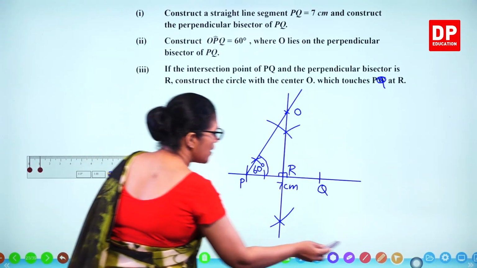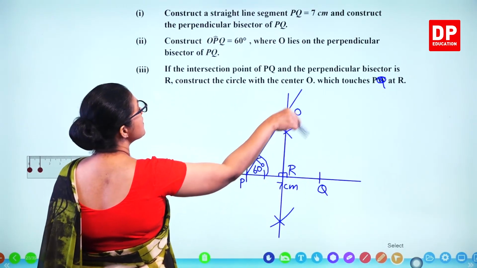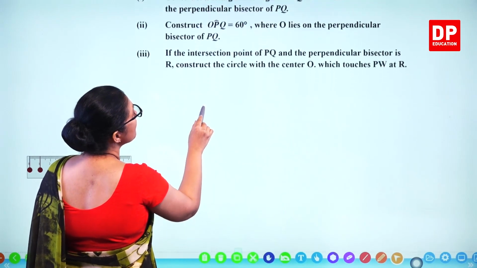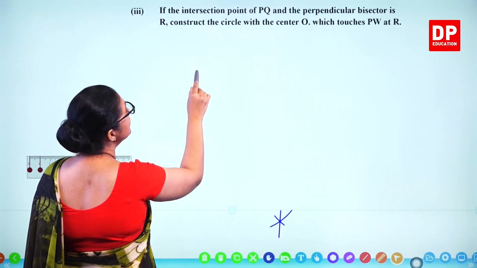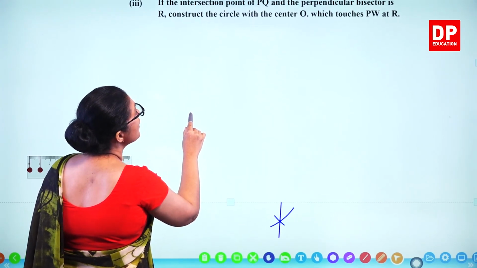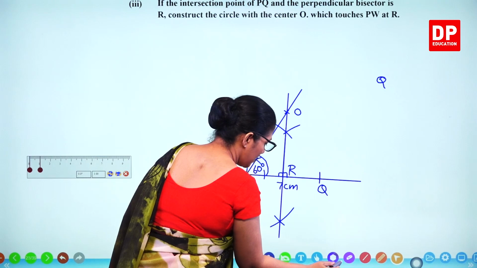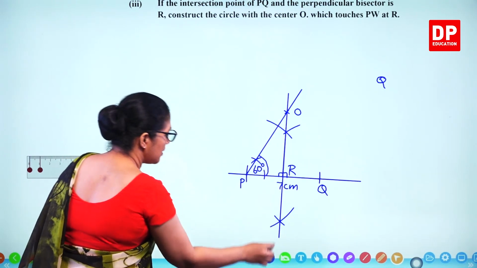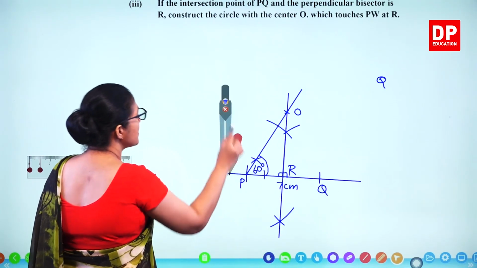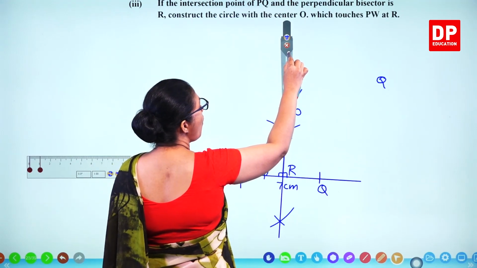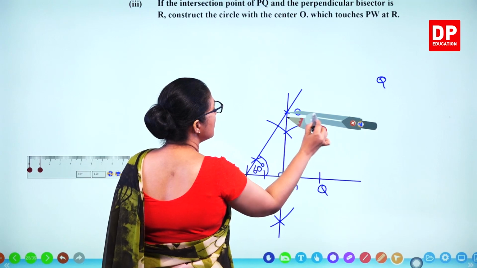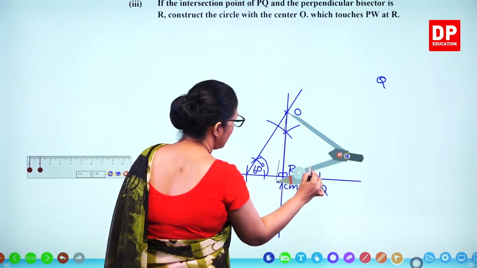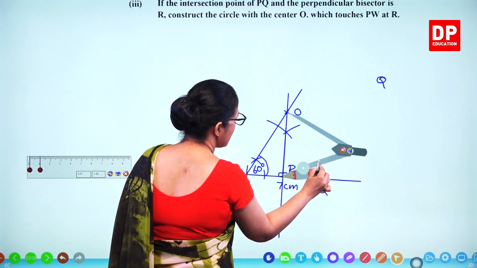Now I'll take space here to draw the circle. So I'll keep it here. Now we have to draw the circle. So take the compass. OR is the distance here.